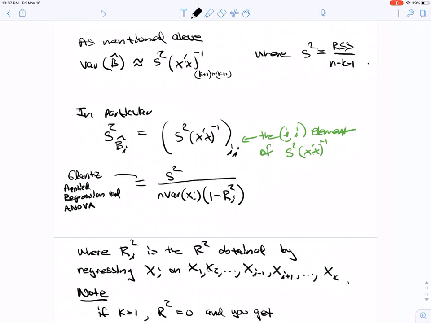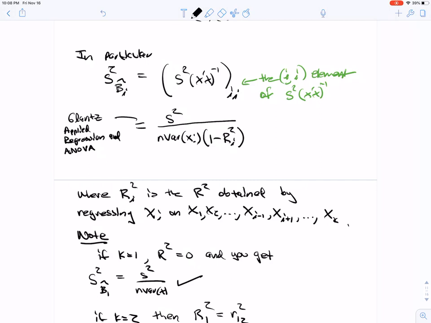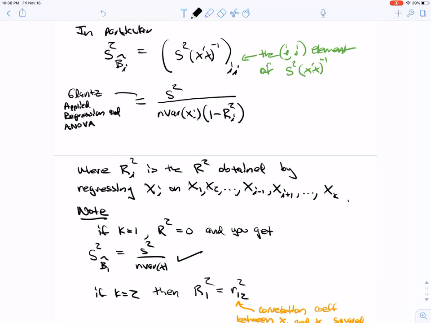And it's a fact from Glantz's Applied Regression and ANOVA book that you can also write this as s squared over n variance of xi times 1 minus ri squared, which sheds some light on this standard error squared. Here, by the way, ri squared is the r squared obtained by regressing xi on x1, x2, up to xi minus 1, skipping xi, and then xi plus 1 up to xk.